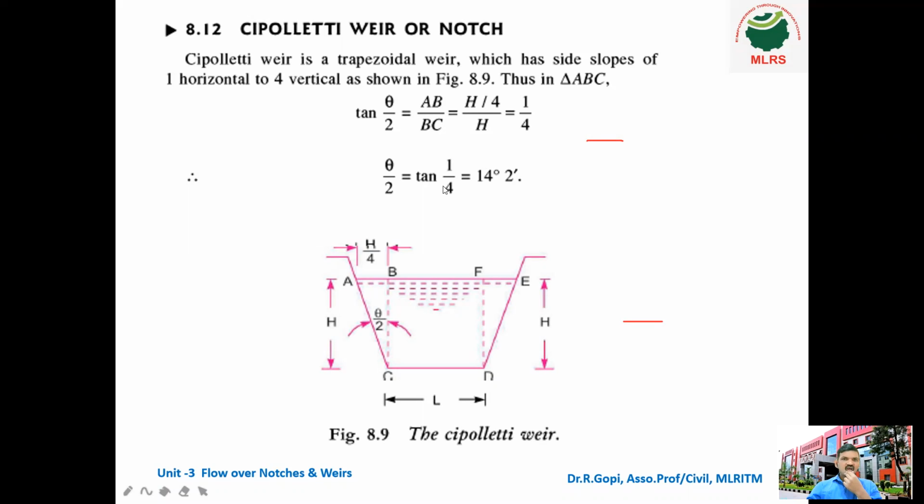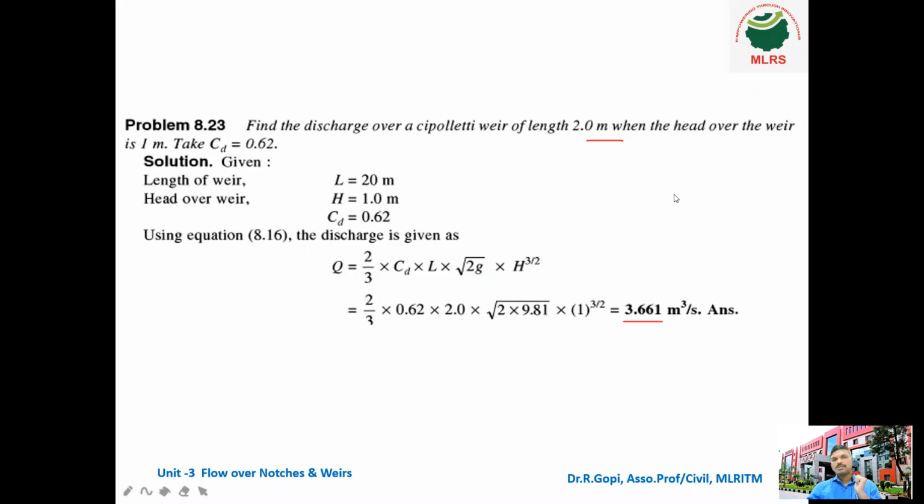Tan inverse 1 by 4 is 14 degree, so in place of tan theta by 2, you put 1 by 4. So finally, the summation of the rectangular portion and the triangular portion, we can get the final answer. That is the answer for the problem. Okay. The Cipolletti weir problem.